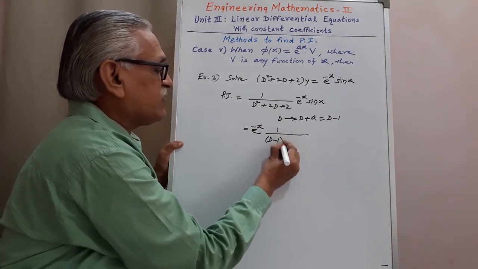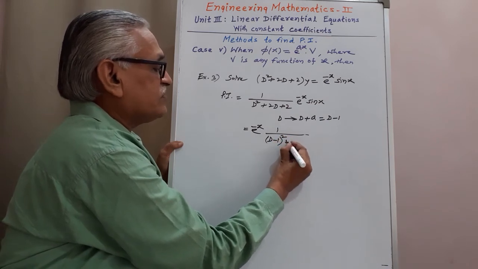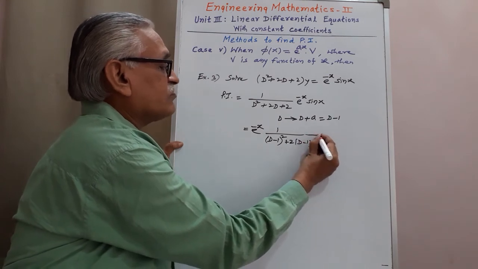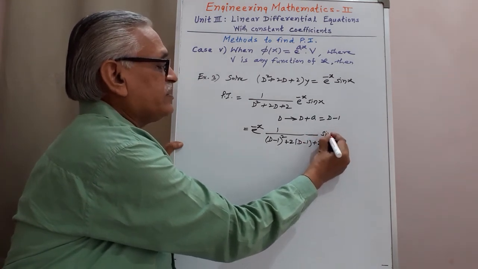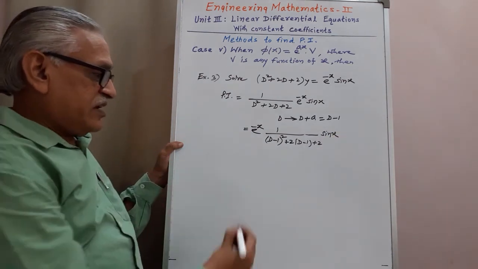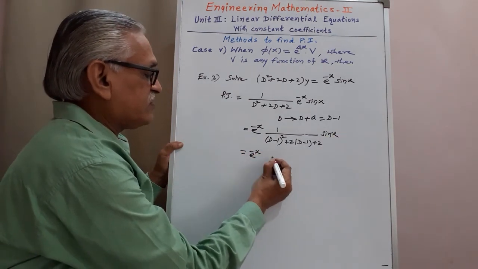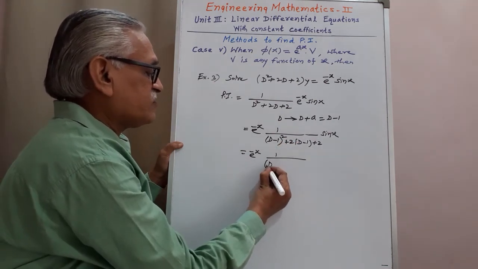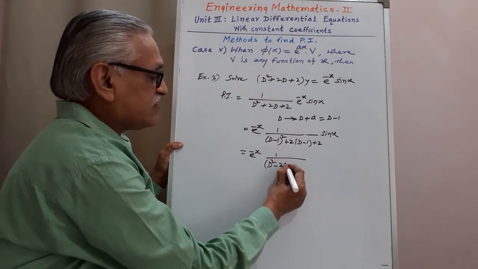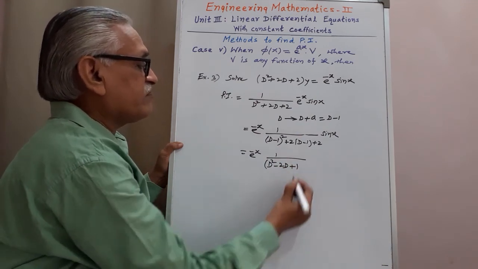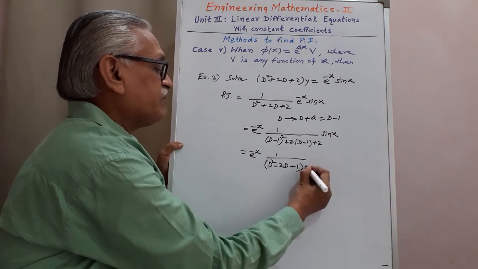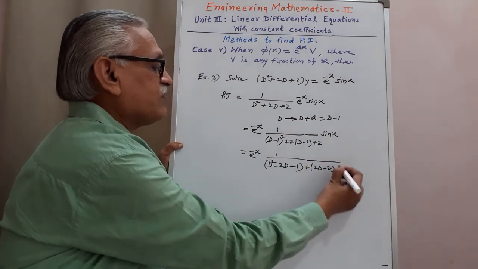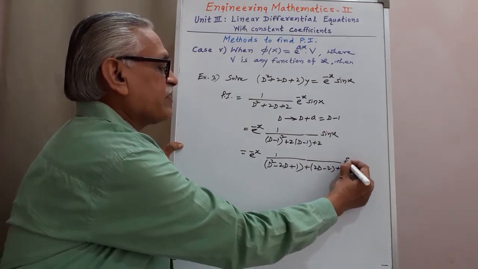Therefore it becomes (D minus 1) square plus 2 into (D minus 1) plus 2, operated on sin x. Expanding and simplifying, it is e raised to minus x 1 upon D square minus 2D plus 1 plus 2D minus 2 plus 2, operated on sin x.